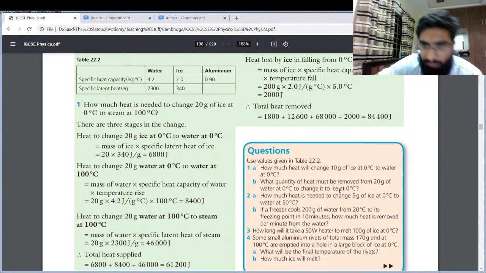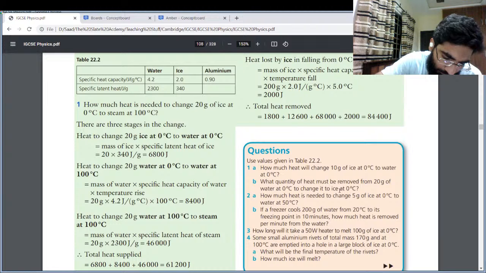It is how much heat should be given to change the state of matter. The formula used would be the same.